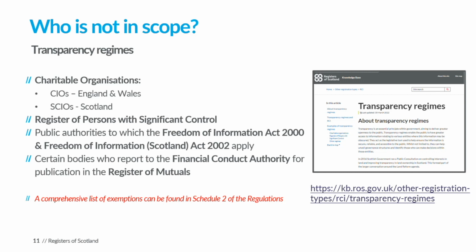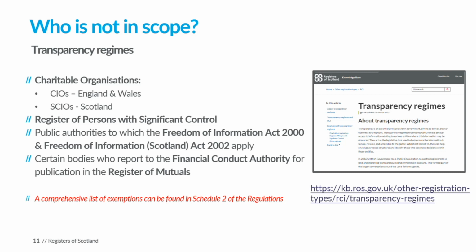They act as the legislative tool used to help ensure the information is secure, reliable, and accessible to the public. You will automatically be out of scope of RCI if you are already subject to another UK transparency regime that is listed in Schedule 2 of the regulations.